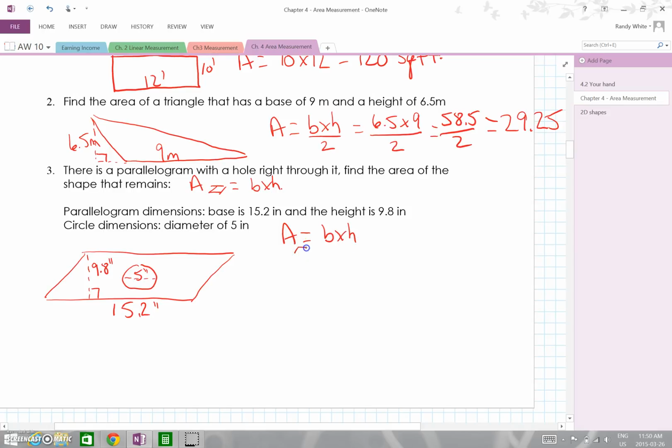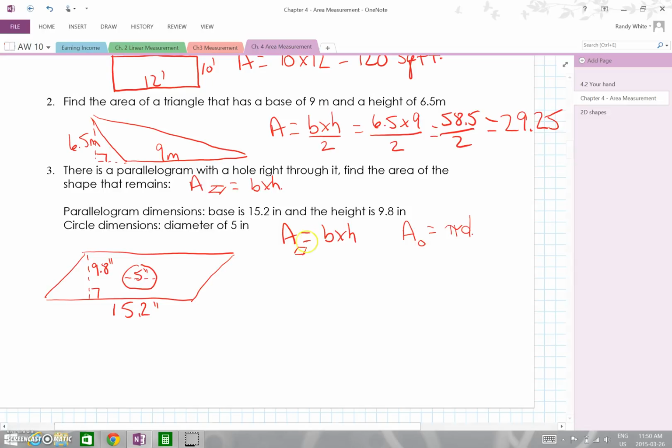So I'll put my parallelogram here. And then we're going to subtract from that the area of the circle, which is pi times diameter. And then I'll subtract the 2.